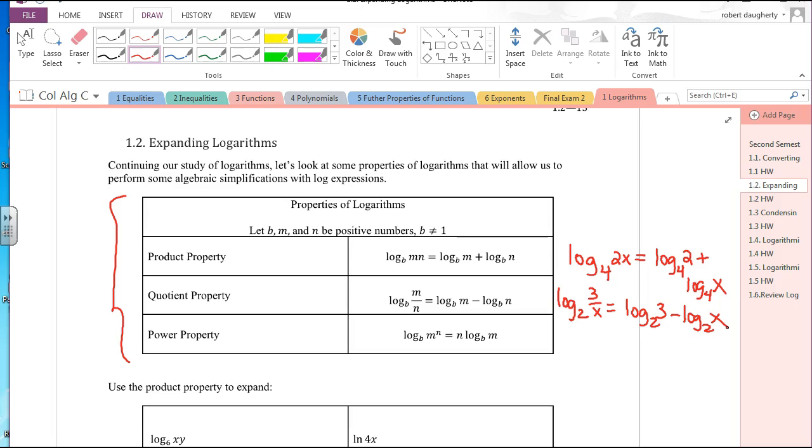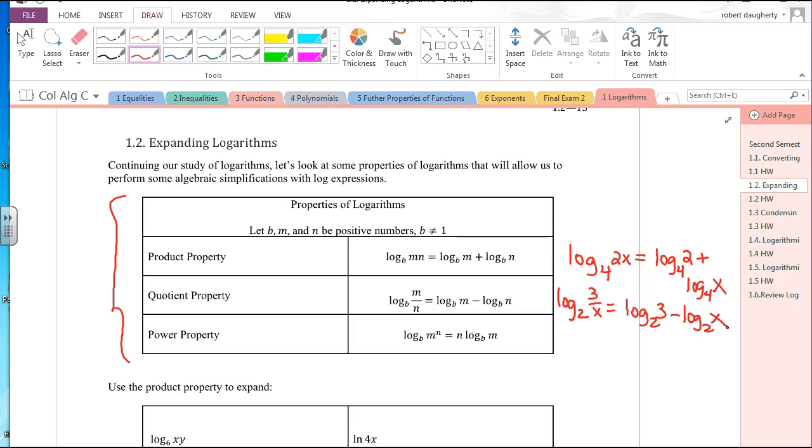So we're going to agree with that. According to our product property, this is the log base b of x plus the log base b of x. How many log base b of x's do you see there? That's 2 times the log base b of x. So all you do here is bring that exponent out front, and that's it, okay? So that's the power rule.